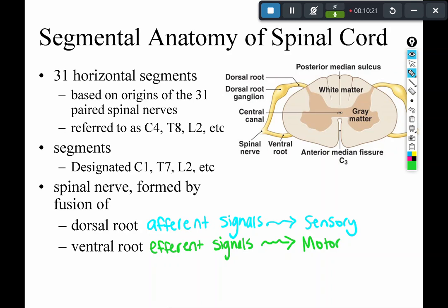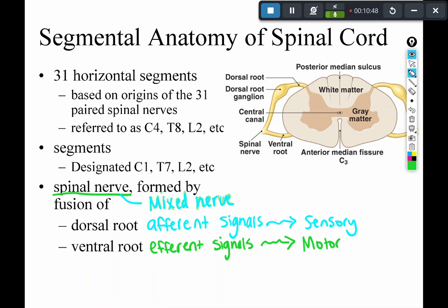So the spinal nerve is then going to be necessarily a mixed nerve. Let's add some green to that. So the spinal nerve is carrying both afferent and efferent, both sensory and motor information.